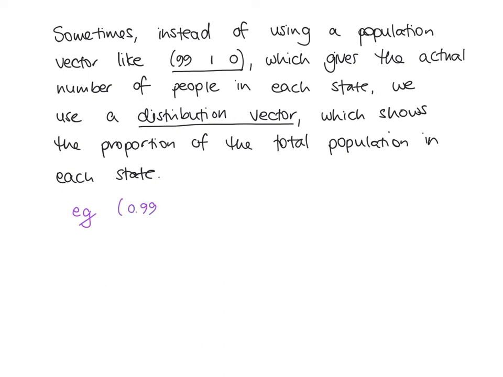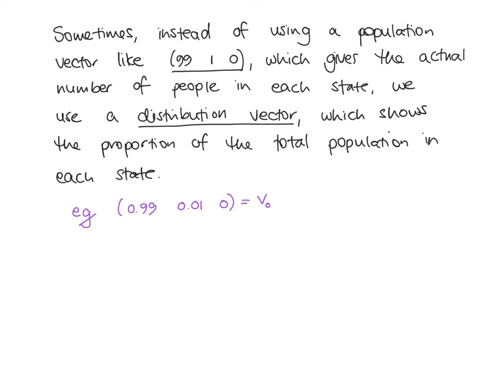So 99% of the population are in our susceptible state, 0.01 or 1% of our population are in the infected state initially, and 0 are recovered. And that would be our initial V0. The reason you might want to do this is you might not know the total population, or you might want to have a model that can be applied to many different populations if you know the transition matrix.